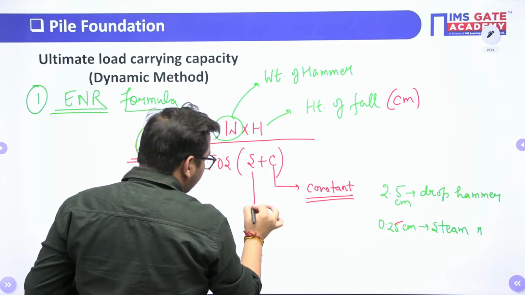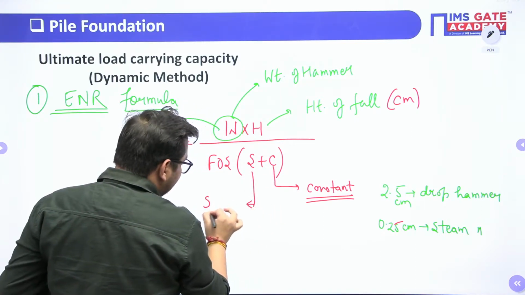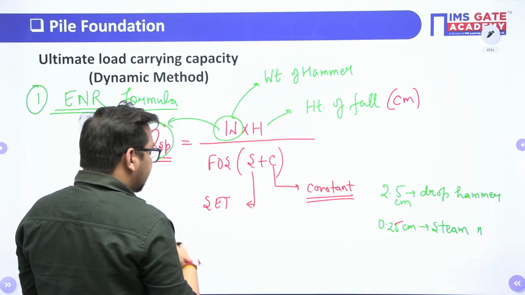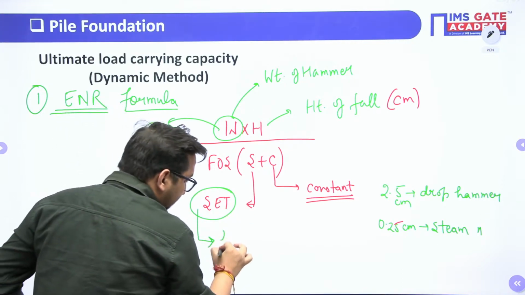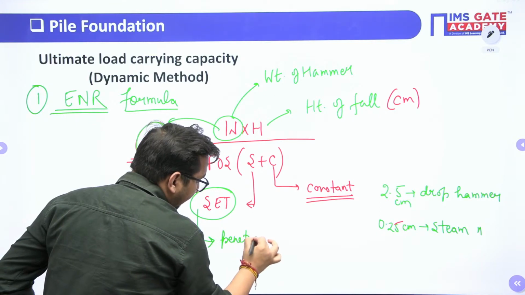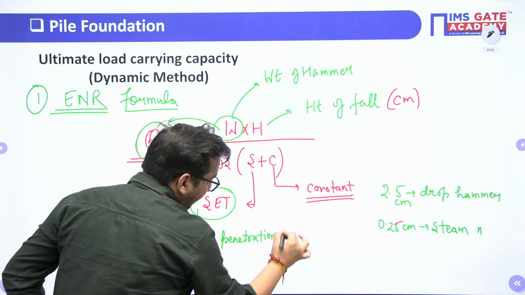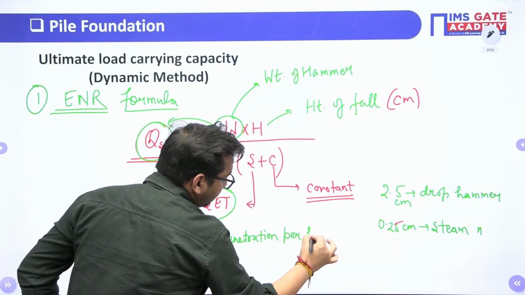This S value, we call it the set value. This set is nothing but the penetration per blow.